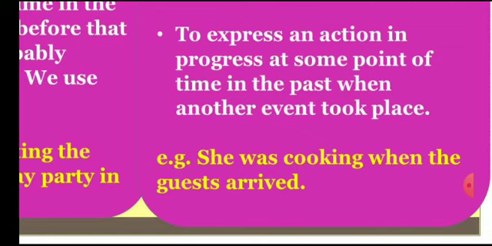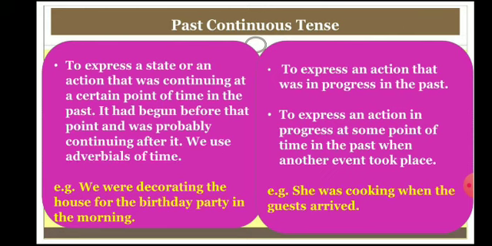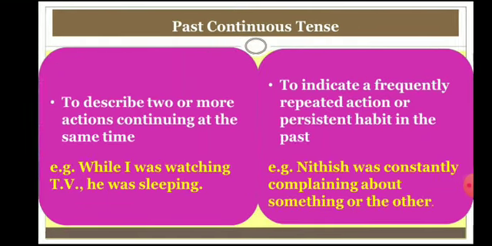Two events were in progress at that time, that is cooking and arrival. She was cooking when the guests arrived. So, in order to express an action in progress at some point of time in the past when another event took place, even in such case, we have to use past continuous tense.